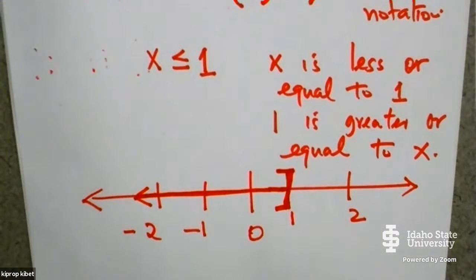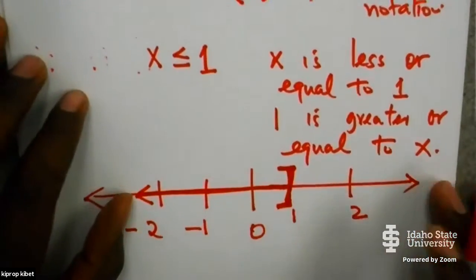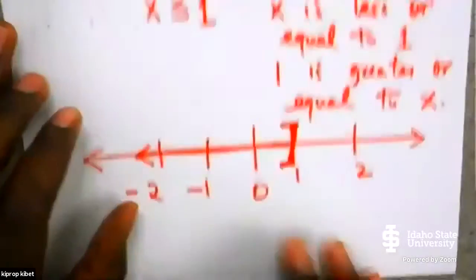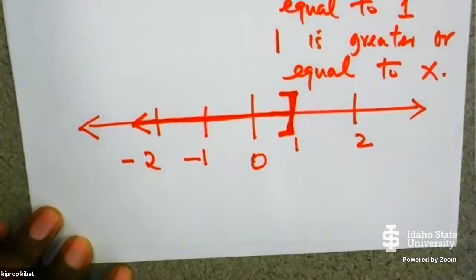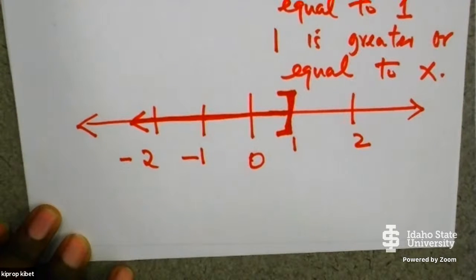Then how should we write that in interval notation? Parentheses, negative infinity, comma, 1, bracket. Good. Because we are not including the infinity, there is nowhere we can say we are ending this value.